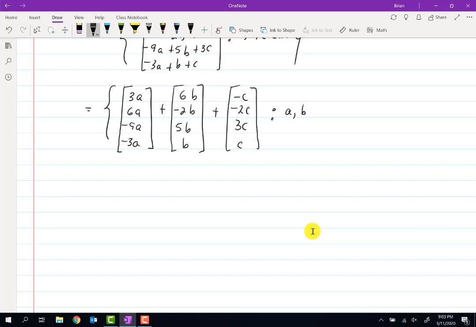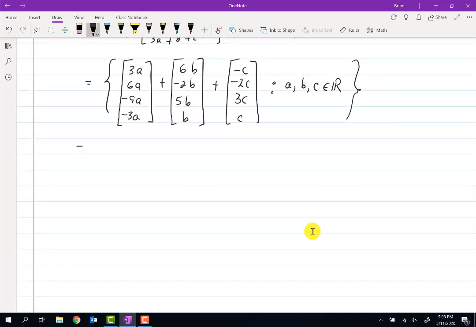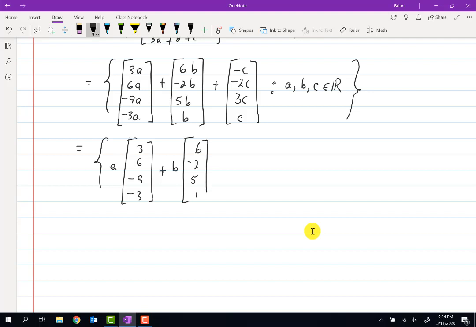A, b, and c are real numbers. Then I can factor out the a from the first one: 3, 6, negative 9, negative 3. Plus, then I can pull a b out from the second one: 6, negative 2, 5, 1. And then c times negative 1, negative 2, 3, 1.